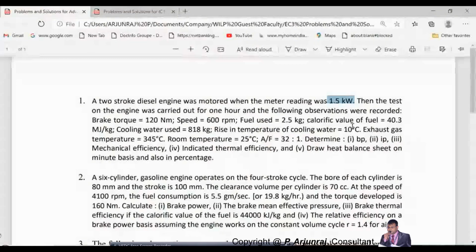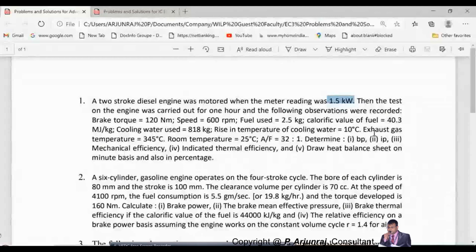Okay, and they also given the cooling water used, because we need to have the coolant to calculate the heat balance sheet. The mass of the water being used is 818 kg, and the rise in temperature of the coolant water, which means the delta T, the temperature difference, is 10 degree, and exhaust gas temperature is 345 degree, and the room temperature is 25 degree.